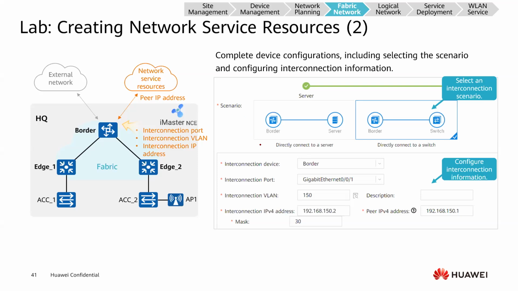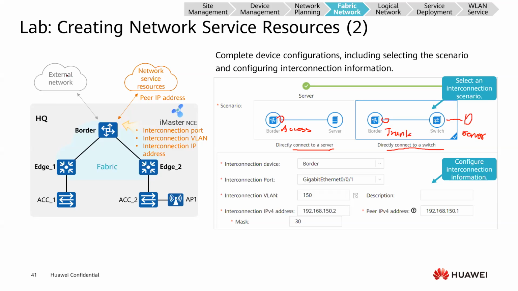First is to choose the scenario. There are three scenarios. One is directly connecting to the server. That means the border's interface will change to an access port. And if you choose directly connecting to a switch, and the switch connects to the server, that means you change this port to a trunk port.